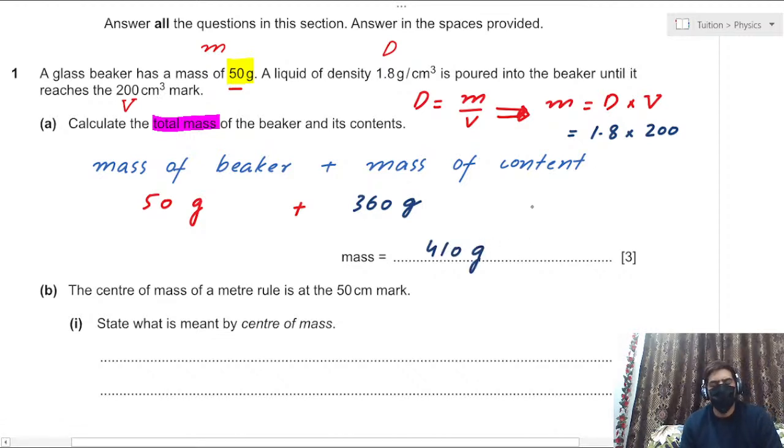Or if you want to write in kilograms, that would be 0.41 kilogram. You can write either in grams or in kilograms.